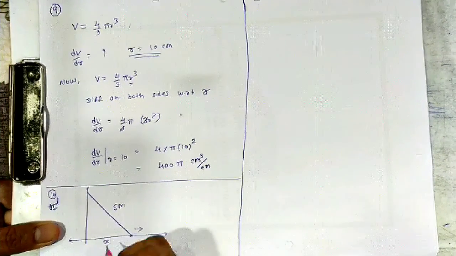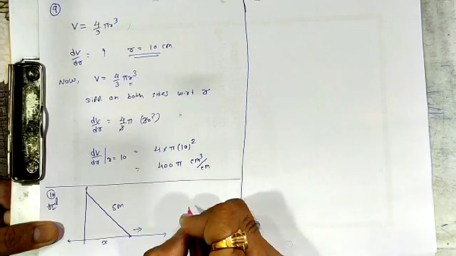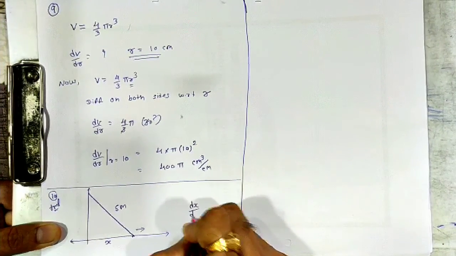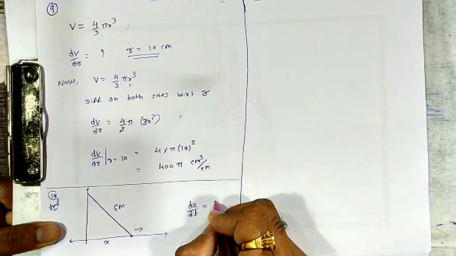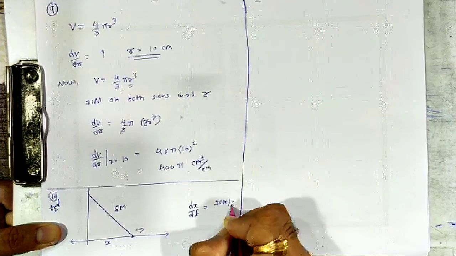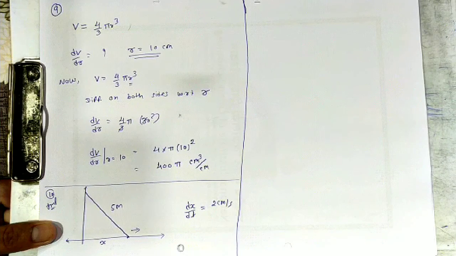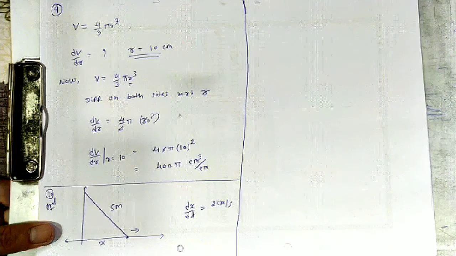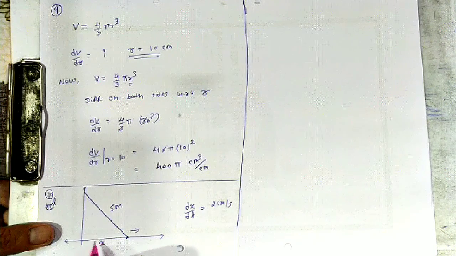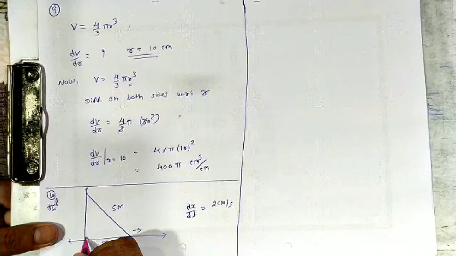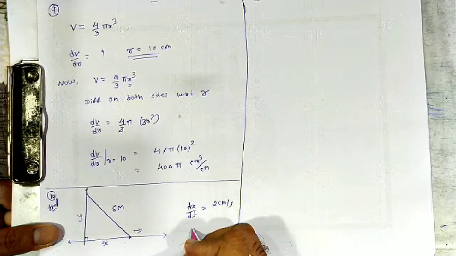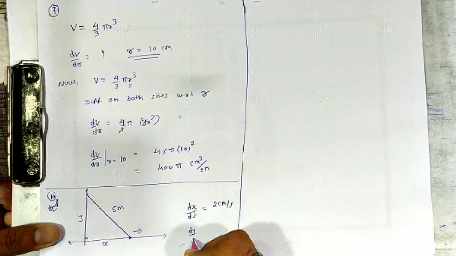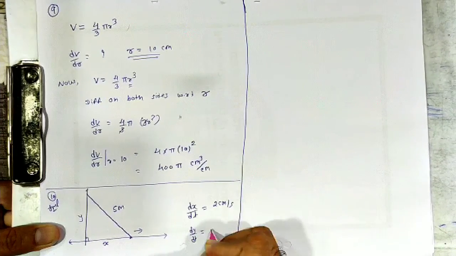Suppose this distance is x. So the rate of change of this, dx by dt: the ladder is pulled at the rate of 2 centimeter per second. So the rate of change of x is 2 centimeter per second. How fast is the height on the wall decreasing? If we pull this ladder away from the wall, this height will decrease. So the rate of change of the height is decreasing.